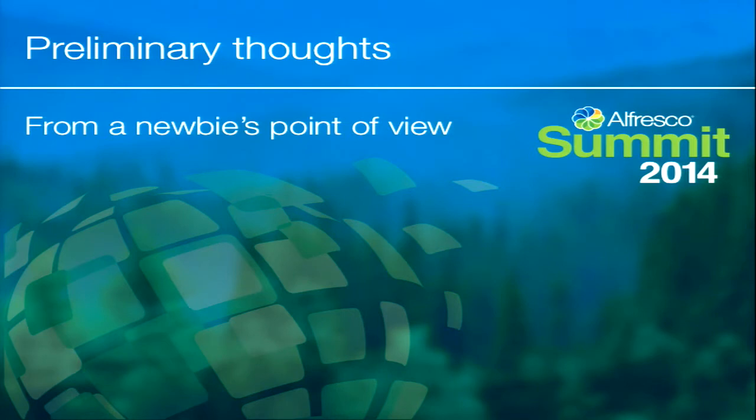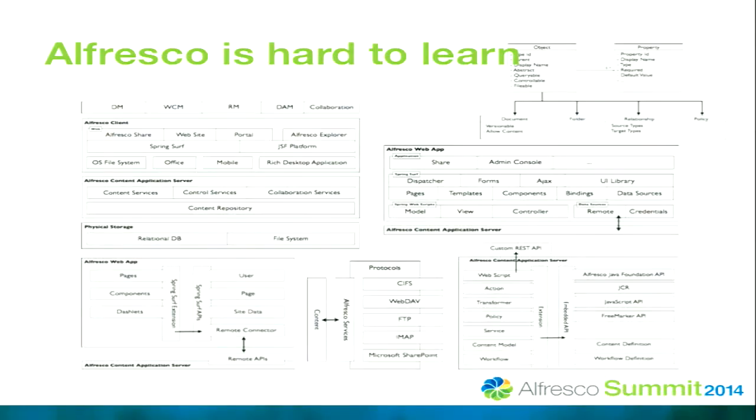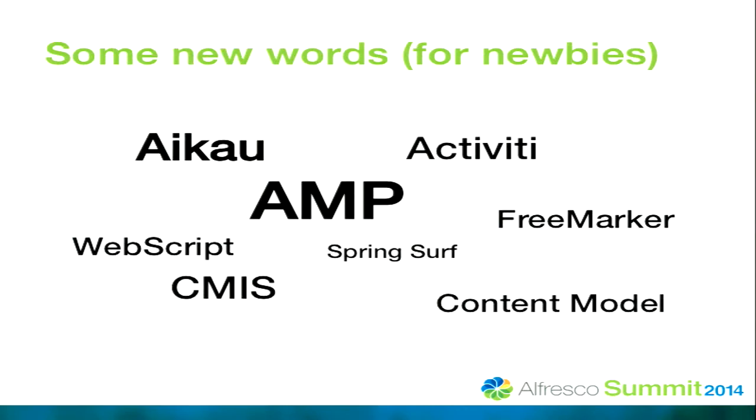First, from a newbie point of view, what do people think when they first meet Alfresco? Alfresco is hard to learn. We have a lot of diagrams with several layers and many components. It looks very hard, even for an experienced developer.